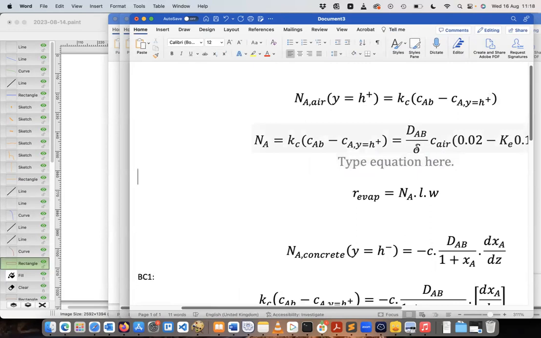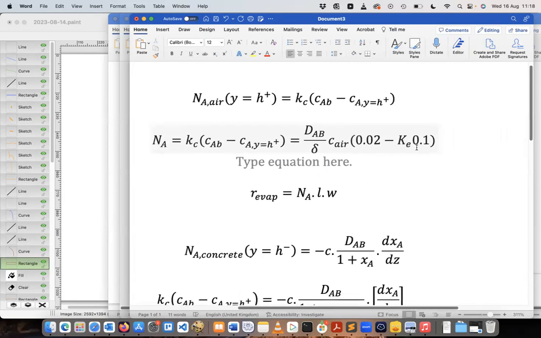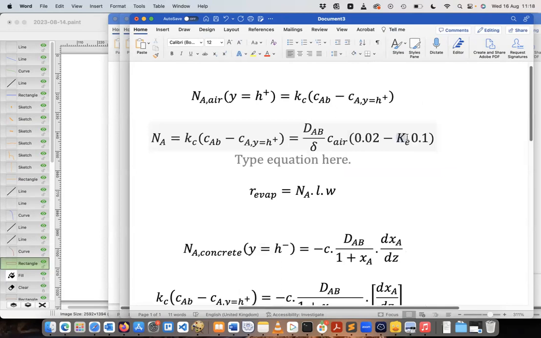And then the question is, why do we multiply Ca and Ke? So here, why did we have to multiply by this Ke? So this is, of course, the concentration of water in the concrete, right? Initially, we had 10% of water in the concrete, or the way I should say it is, the mole fraction of water in the concrete was 0.1.